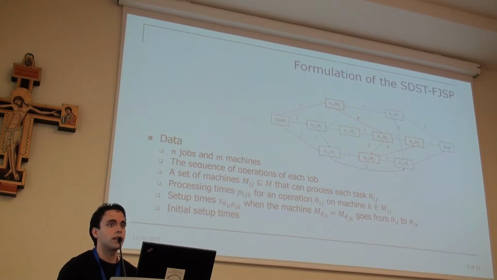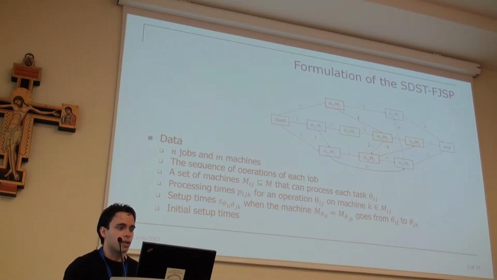Now, we also consider setup times. A setup time is when a machine finishes the processing of one task and is about to start the processing of another task. A setup time is needed to reconfigure the machine. The setup time is sequence dependent, so it depends on the task that finished, the task that is about to start, and the particular machine.